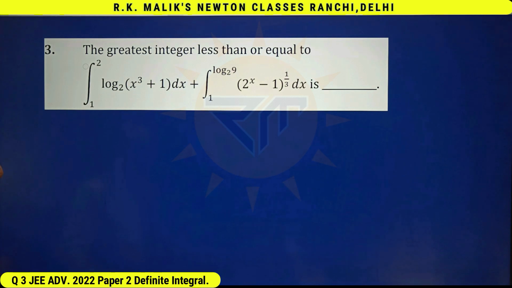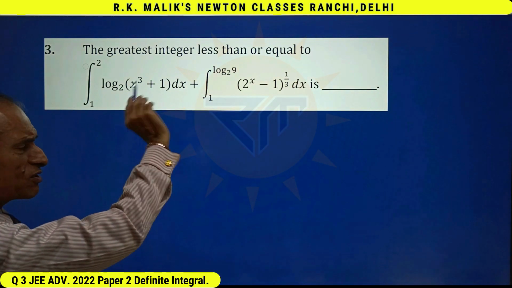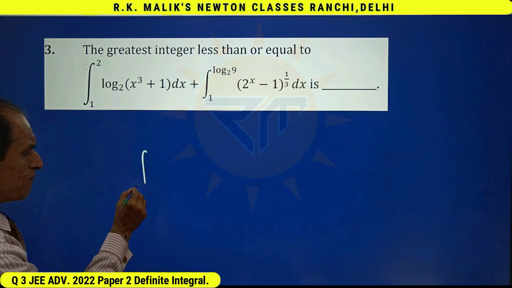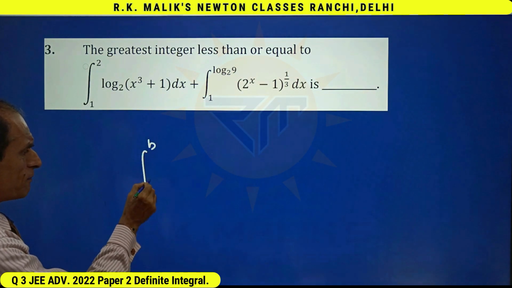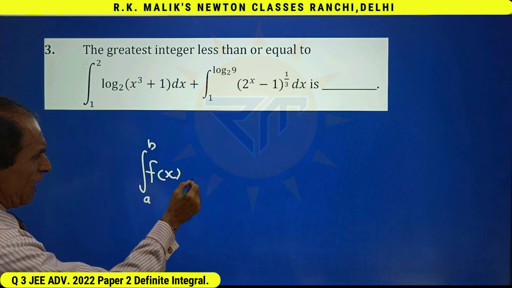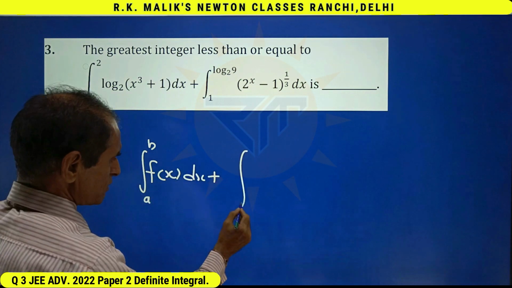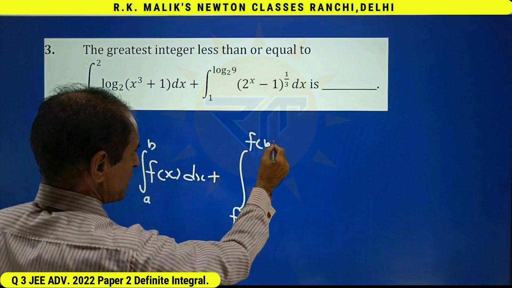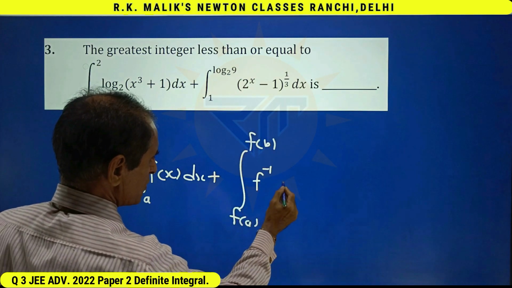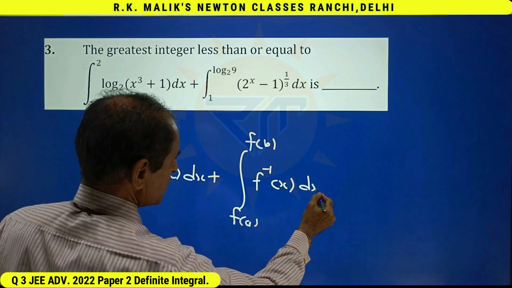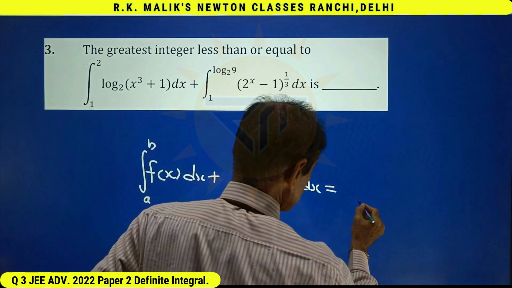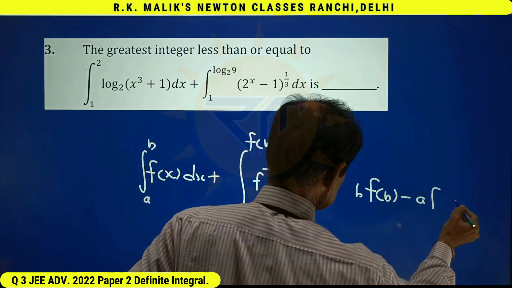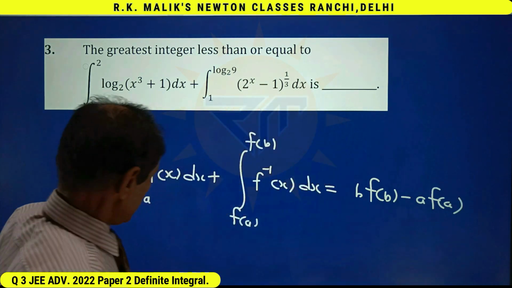And if we find that really they are inverse functions of each other, then there is a direct formula that the integral from a to b of f(x) dx plus the integral from f(a) to f(b) of f inverse(x) dx is equal to b f(b) minus a f(a).